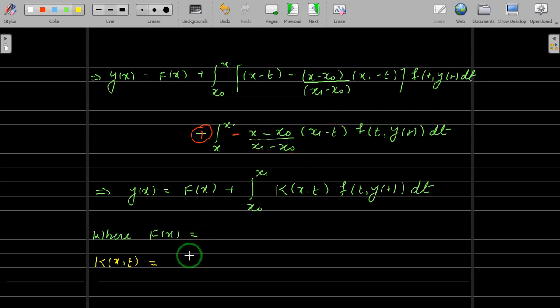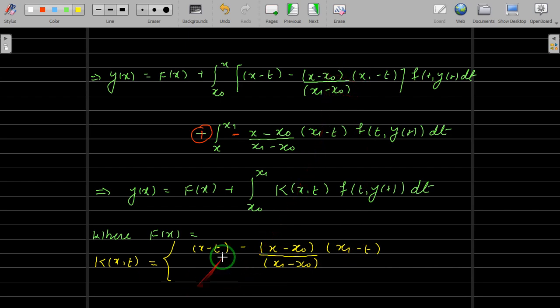Again, I will say what I have written. I will have a split definition here. So first is this first one: (x minus t) minus (x minus x naught) divided by (x1 minus x naught), and then we have (x1 minus t). This is what we have here.